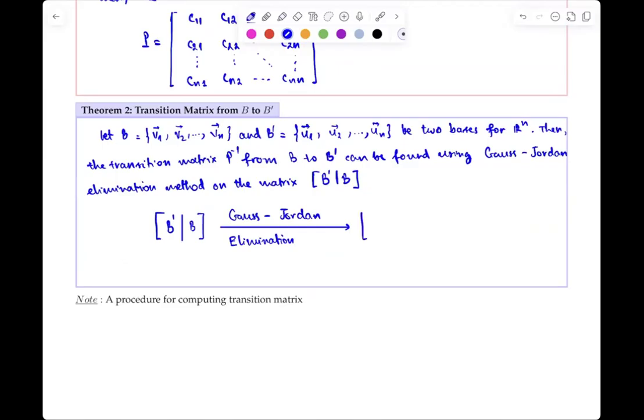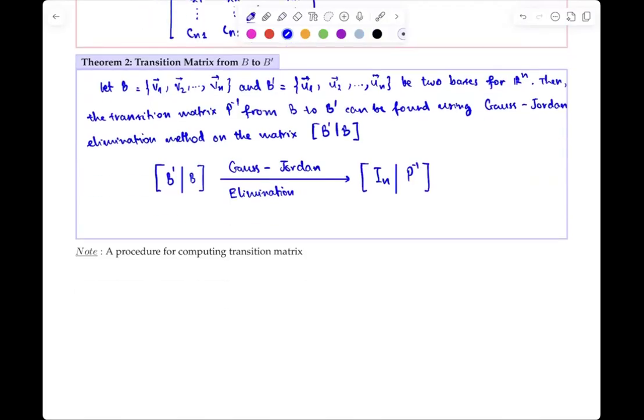You're going to obtain the inverse matrix or inverse transition, right? So you have a big vertical line here. On the left of the vertical line, you have the identity matrix, and on the right-hand side of the vertical line is going to be the inverse matrix that you're looking for.